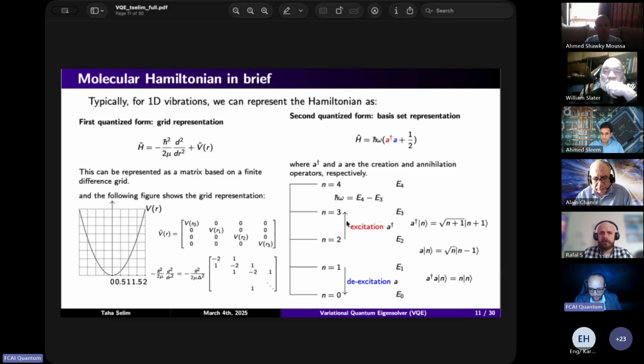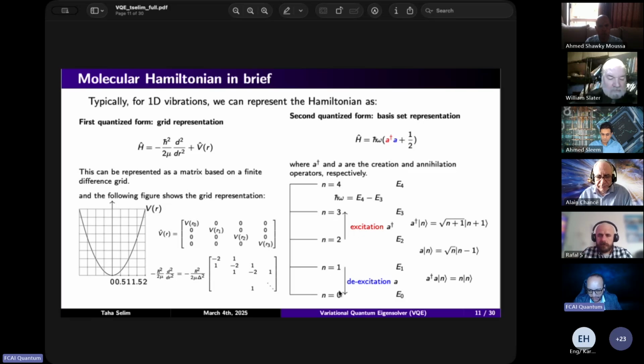So you can construct the whole levels or the whole molecular energy levels and of course the wave functions just only using the ladder operator. So you go from n equals 0, that's ground state, to the first excited state, to the second, to the third, and so on, as much as you apply these ladder excitation operators.